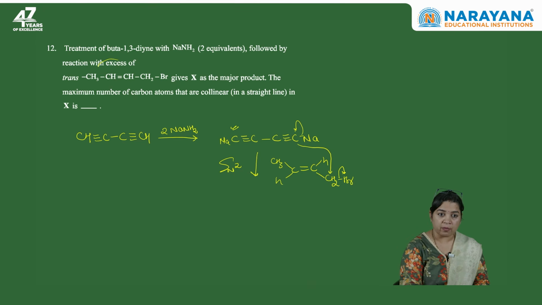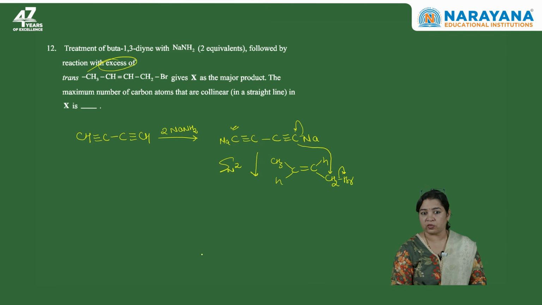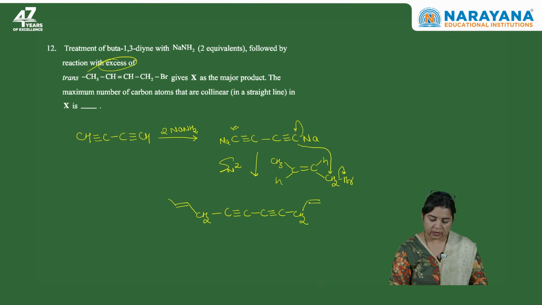Because again they are mentioning excess of this compound is taken. That gives X as the major product. So let us draw the possible structure of X. This is our trans 2-butene CH2. Now it is connected to 1,3-butadiene. Correct? So this is our structure of X.